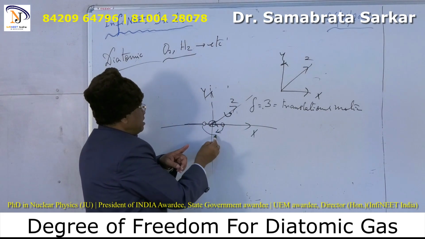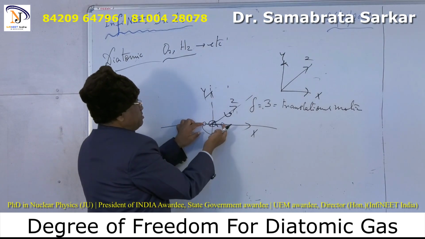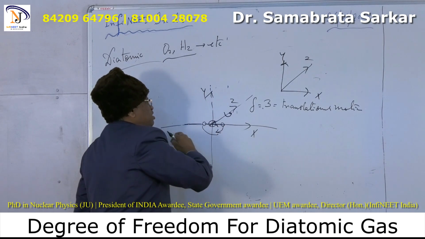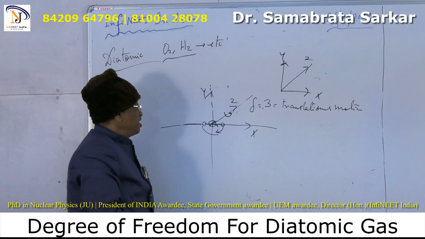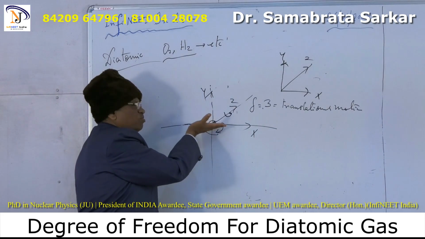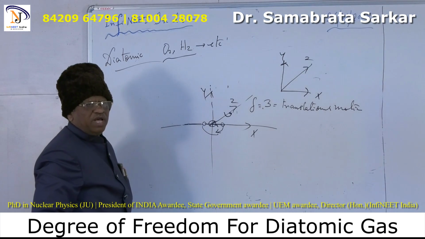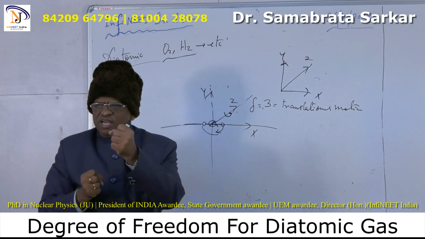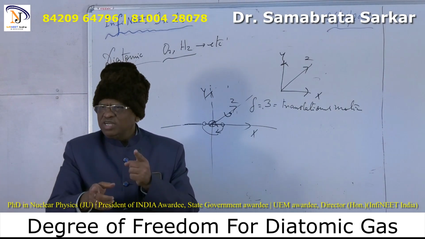The distance between the two atoms is not ignorable. But so far as the x-axis is concerned, how will it move? They are on the same line. They can only translate, move along an axis, cannot rotate.